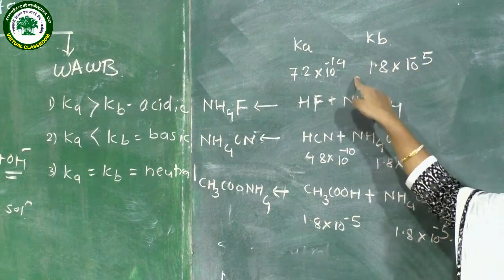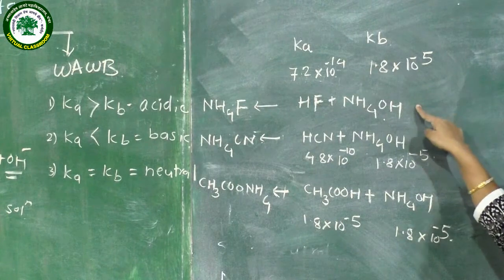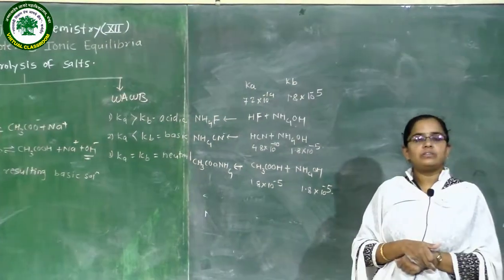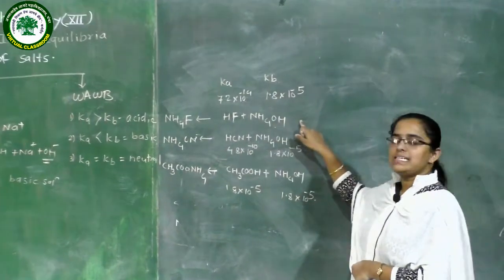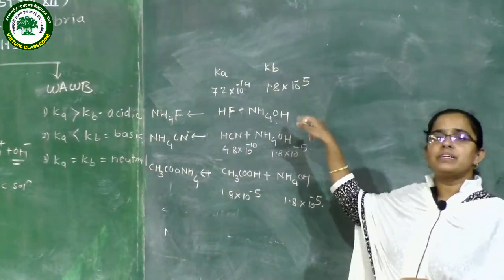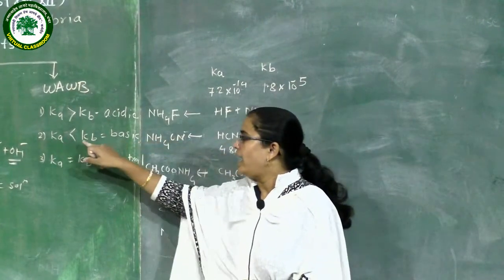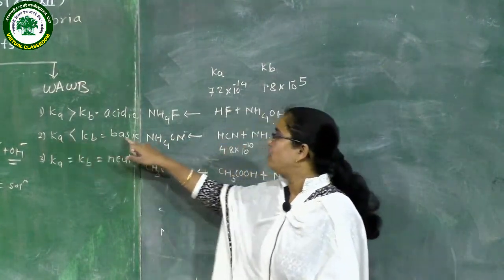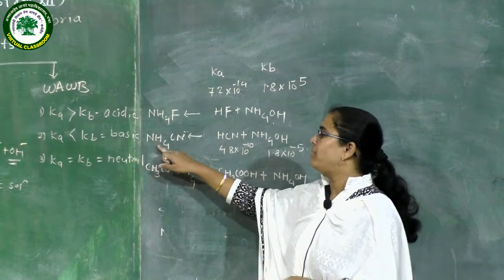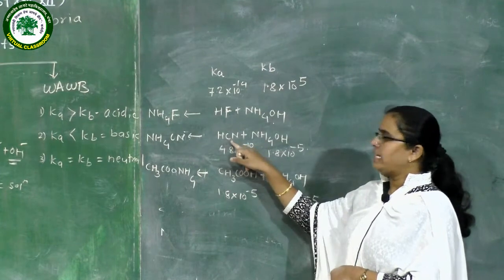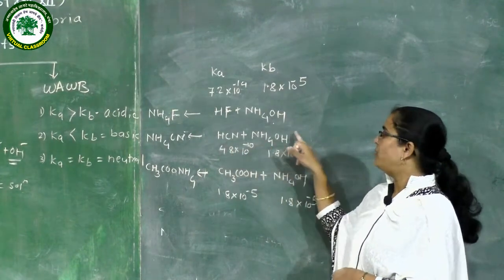Since the value of Ka is greater than Kb, the solution turns slightly acidic, meaning blue litmus turns to red. Next, when Kb is greater than Ka, the solution becomes basic. For example, NH4CN, formed from HCN and NH4OH.